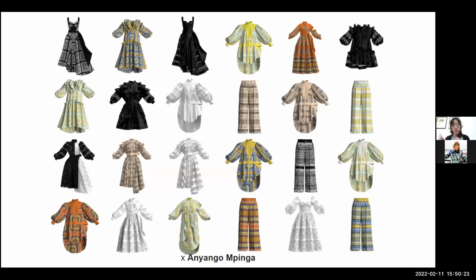She gave me all the squares and she drew me how she would want every look to look like, and then I tried to imagine what she actually means and make them in 3D. So these are all 3D renders before we made the actual clothes.